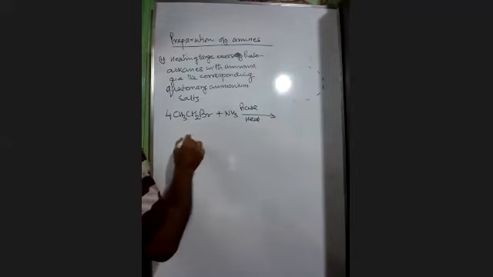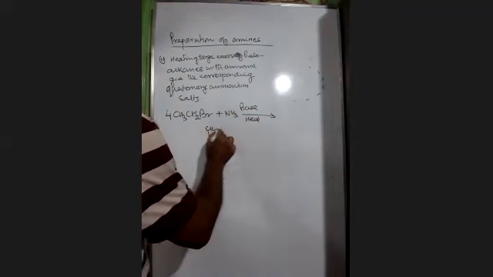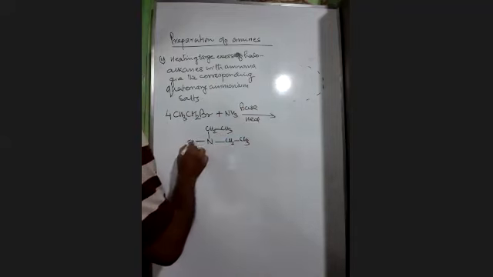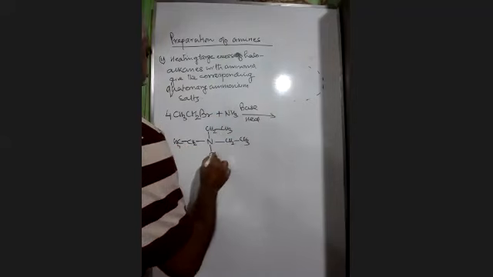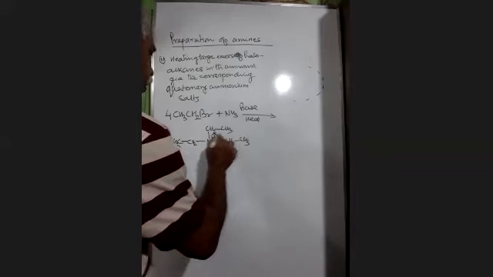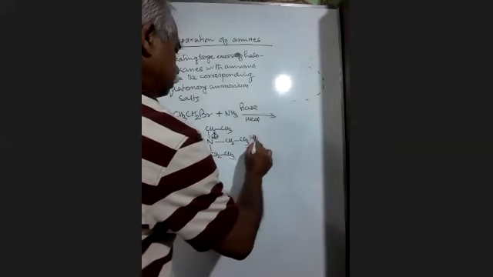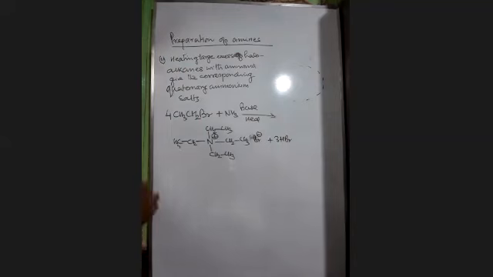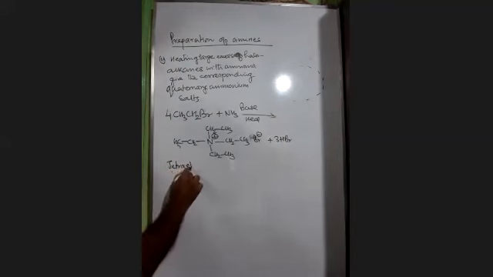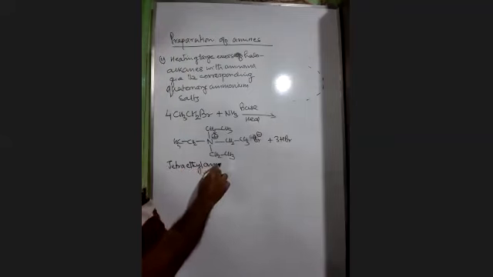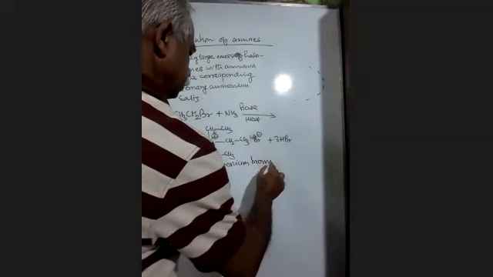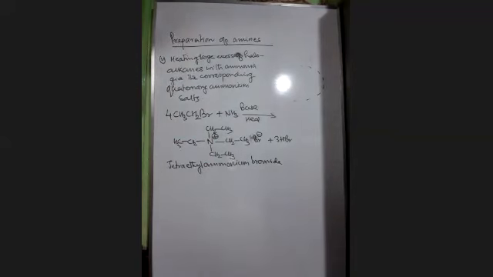Okay, it will give you here tetraethyl ammonium bromide. Tetraethyl ammonium bromide.